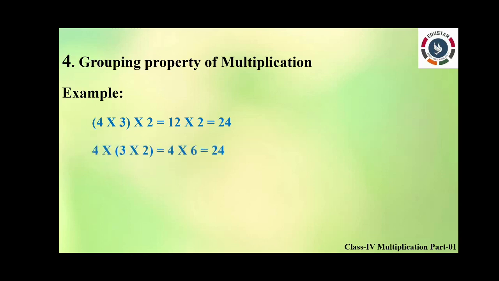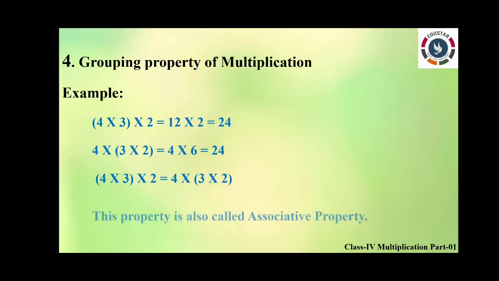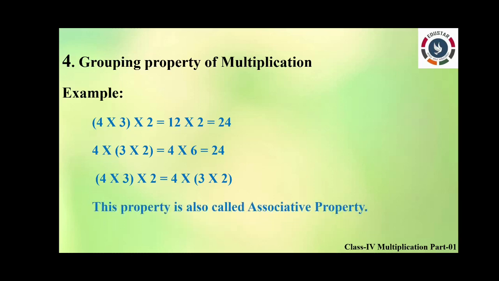Next, 3 and 2 are grouped. 3 twos are 6. 4 into 6 is equal to 24. So 4 grouped with 3 and multiplied by 2 is equal to 4 multiplied by 3 into 2. Grouping property is also called associative property.